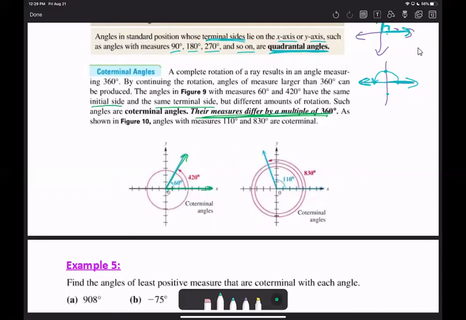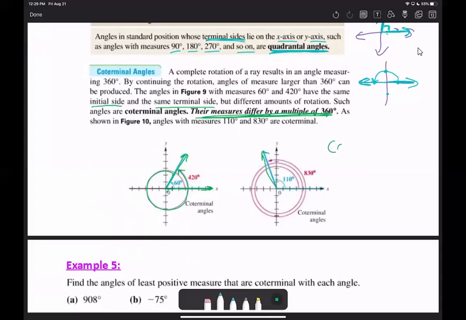All right, so I've gone one rotation, but what happens if we rotate around and we come around to the same terminal side? Well, that gives us an angle with a measure of 420. So we can have more than one angle that shares the same terminal side. It's just that they differ by 360 degrees. Here, 110 is coterminal to 830.